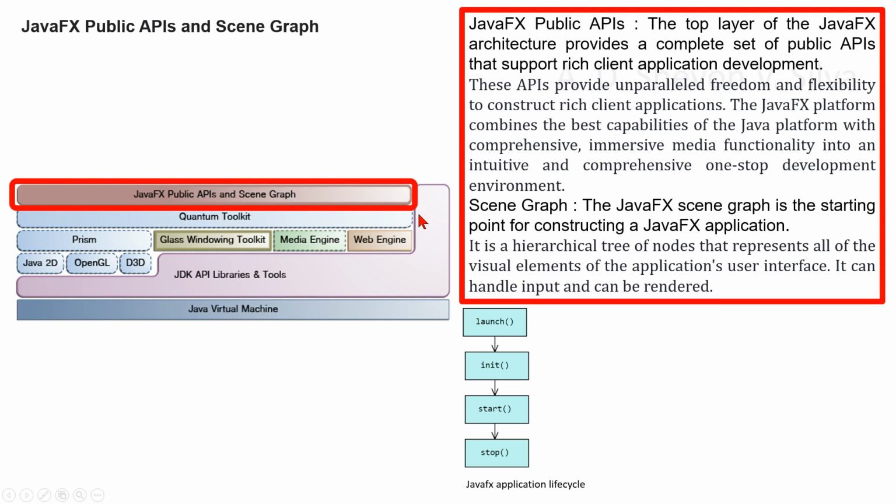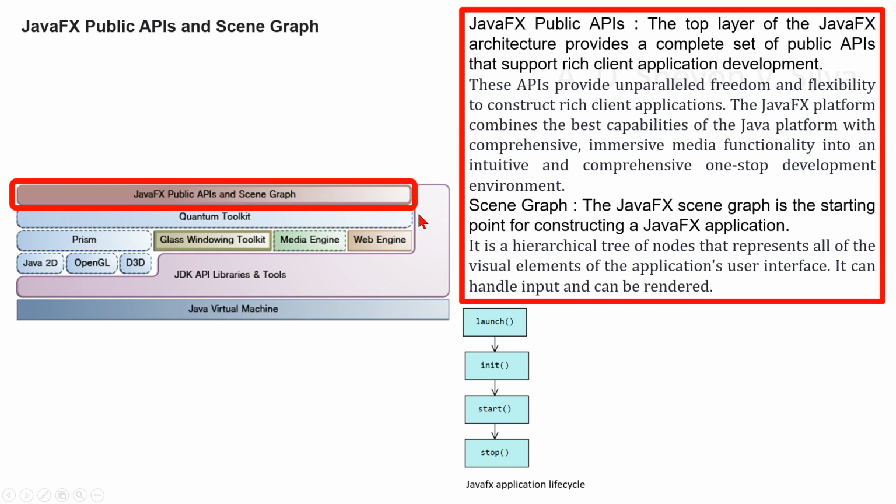These APIs provide unparalleled freedom and flexibility to construct rich client applications. The JavaFX platform combines the best capabilities of the Java platform with comprehensive immersive media functionality into an intuitive and comprehensive one-stop development environment.